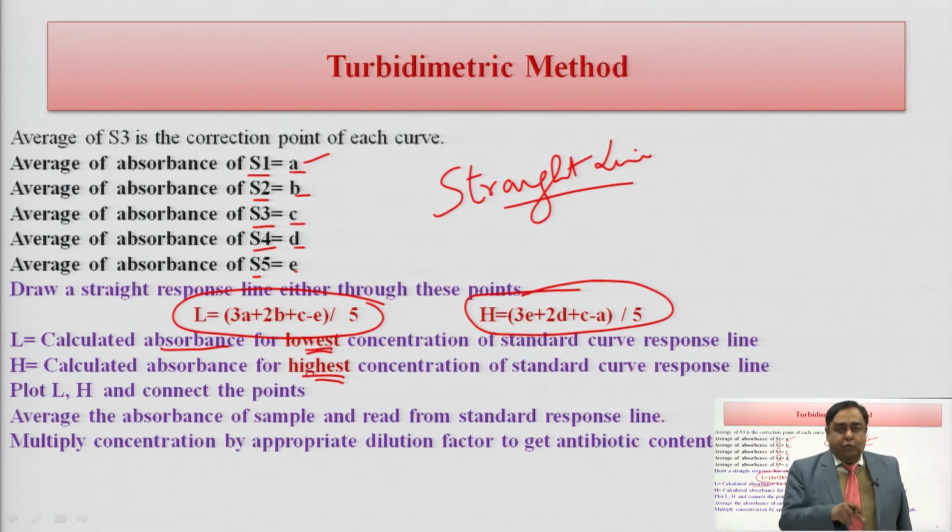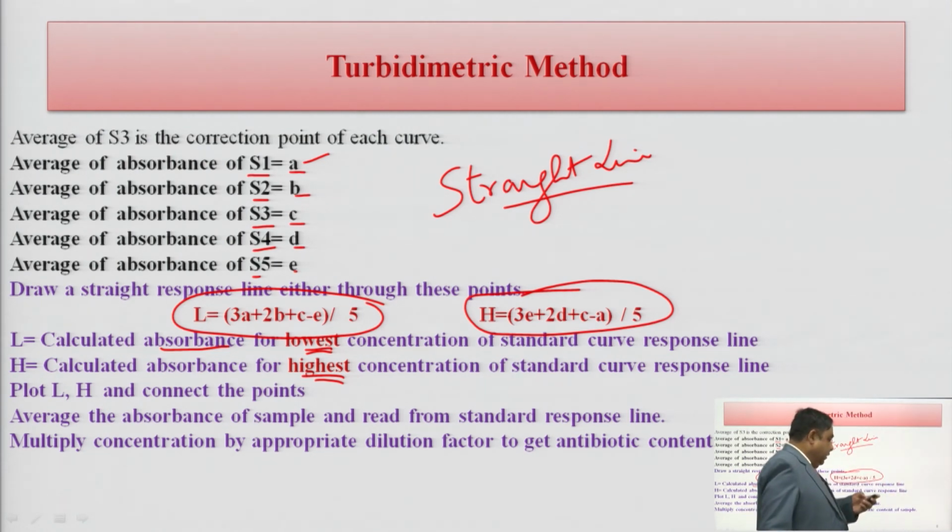And then you have to plot the standard response curve, and finally you multiply by the appropriate dilution factor to get the antibiotic concentration of the sample. So, you first plot a response curve, average the response of the sample and read from the standard response line whatever concentration you are getting, multiply it by the dilution factor to get the actual concentration of the unknown sample.